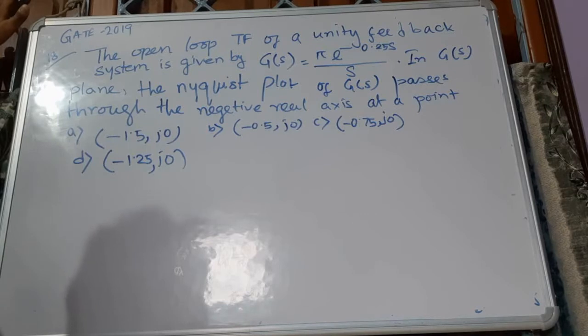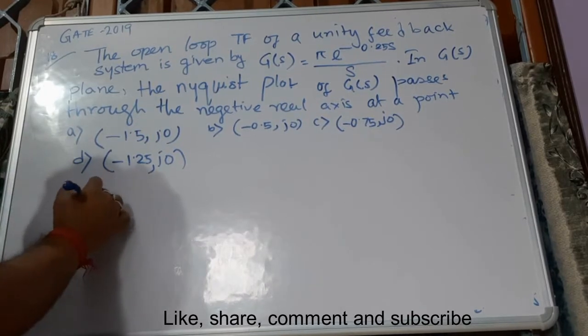Option A: minus 1.5, j0. Option B: minus 0.5, j0. Option C: minus 0.75, j0. And option D: minus 1.25, j0.